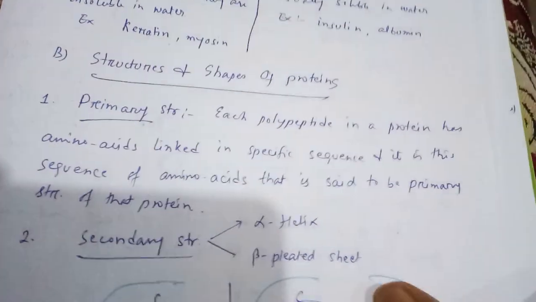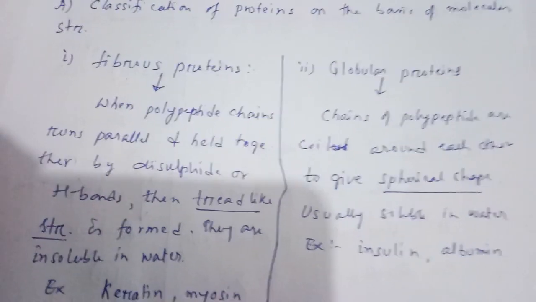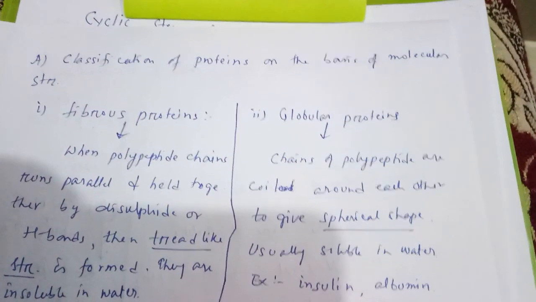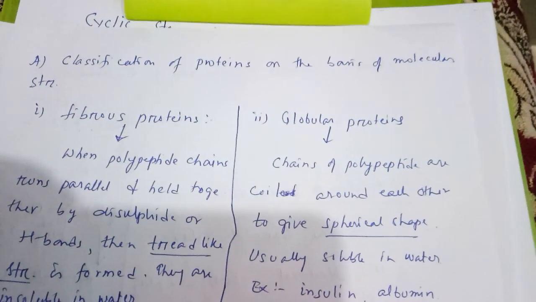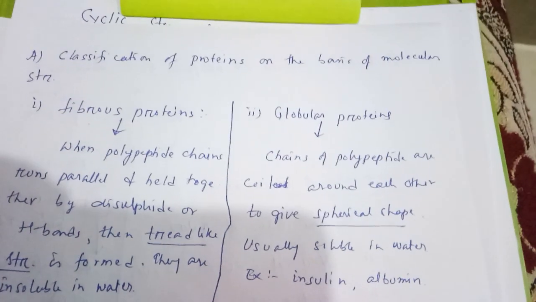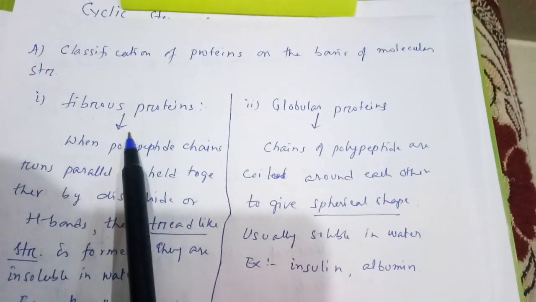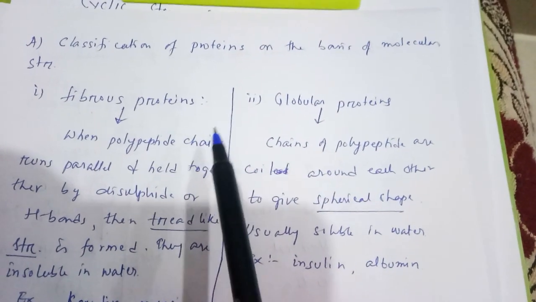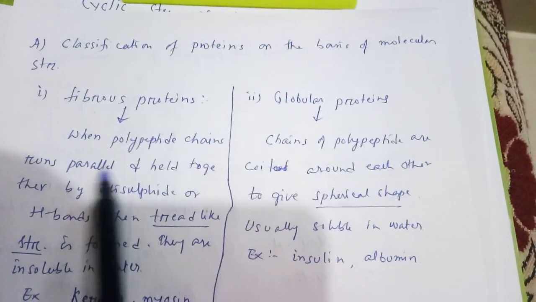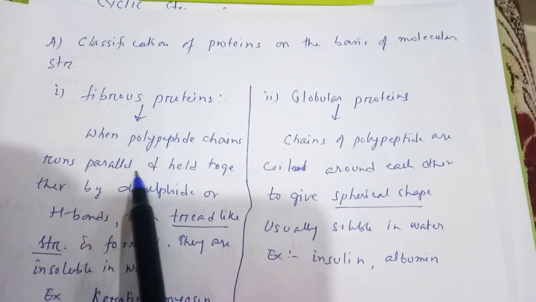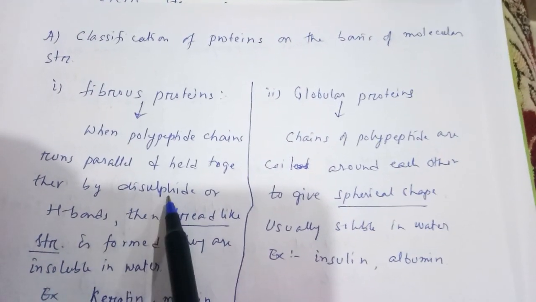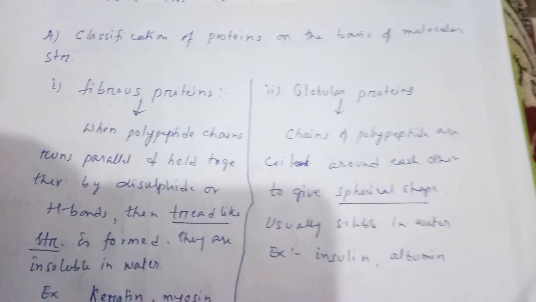Next we are taking classification of protein on the basis of molecular structure. There are two types of protein: fibrous protein and globular protein. Fibrous is fiber-like, thread-like structure. The polypeptide chains are parallel and held together by disulfide or hydrogen bonds.